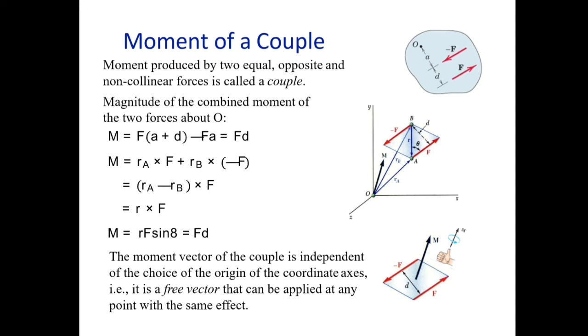If we take M equals R sine theta into F, it will equal F into d. This is nothing but our moment of a couple in vector form. Likewise we can find the moment. The moment vector of a couple is independent of the choice of the origin, so from any other axis we can find the moment of this couple system.